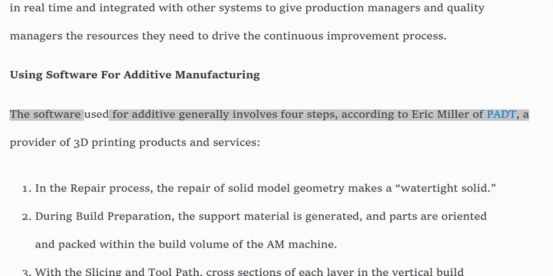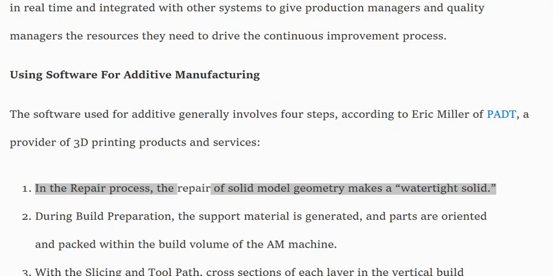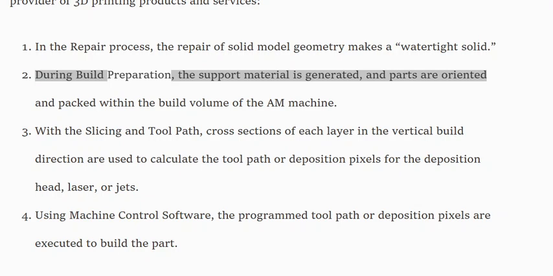The software used for additive generally involves 4 steps, according to Eric Miller of Partha, a provider of 3D printing products and services. In the repair process, the repair of solid model geometry makes a watertight solid. During build preparation, the support material is generated and parts are oriented and packed within the build volume of the AM machine.